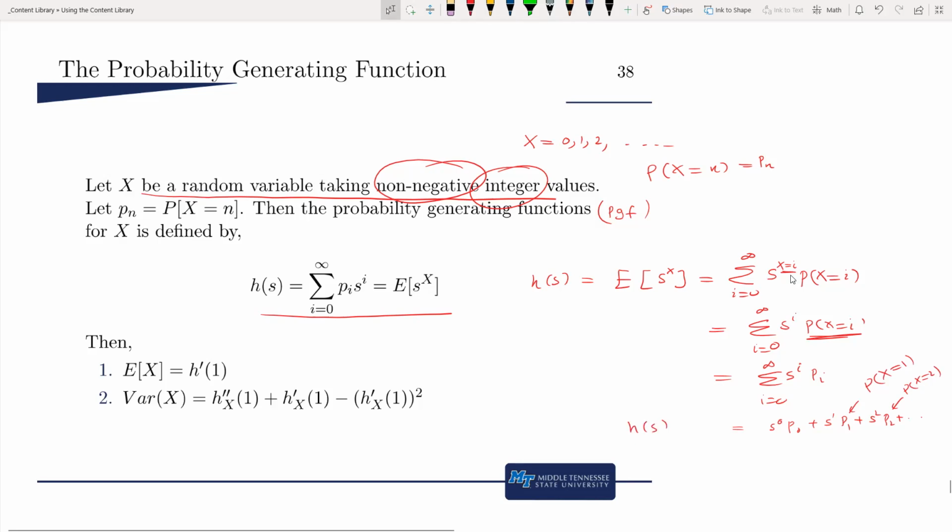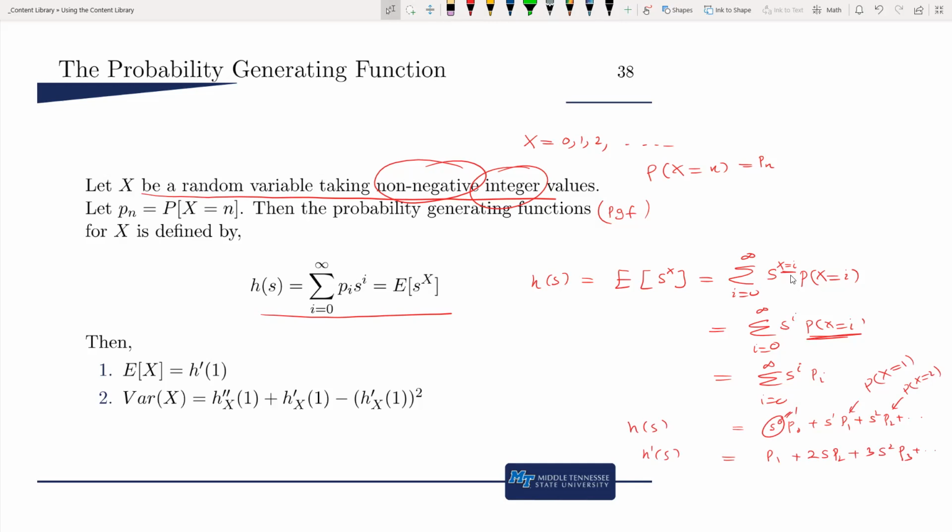If you differentiate this with respect to s, h prime of s, what's going to happen? The constant term goes away, so you would have p_1 plus 2 s p_2 plus 3 s squared p_3, and so forth.